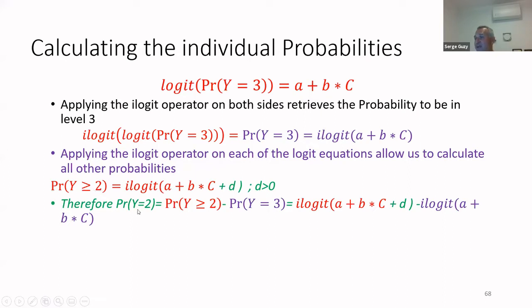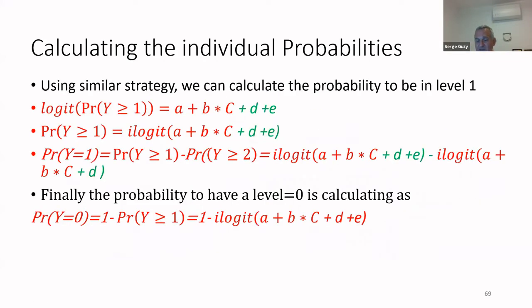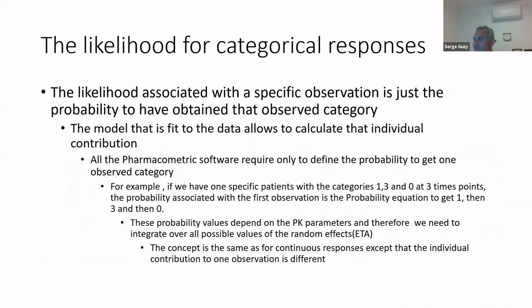Therefore, the probability to get level 2 is equal to the probability to get level 2 or 3 minus the probability to get level 3, which is equal to ilogit(A + B * C + D) minus ilogit(A + B * C). Now you understand that you can always go from the cumulative probability to the marginal probability, which is what you want to calculate at the end of the day.